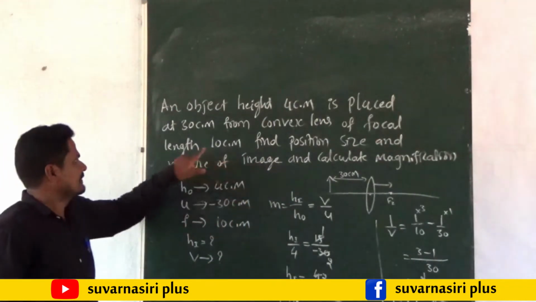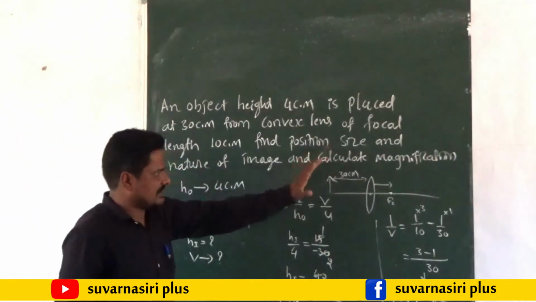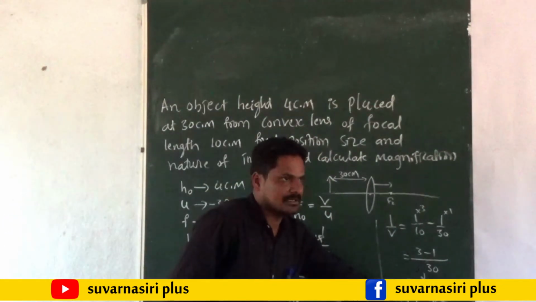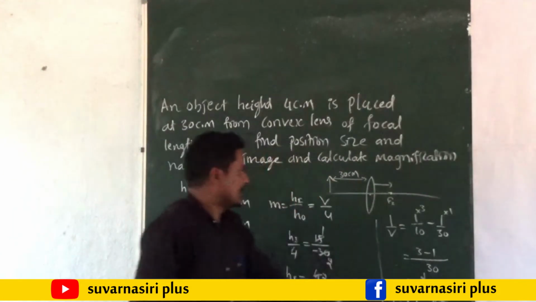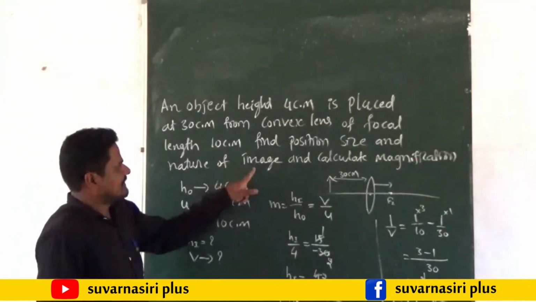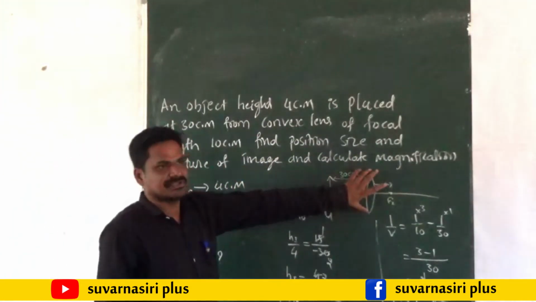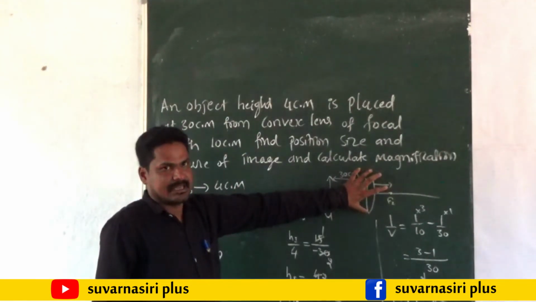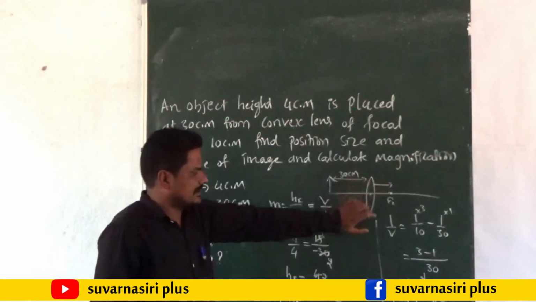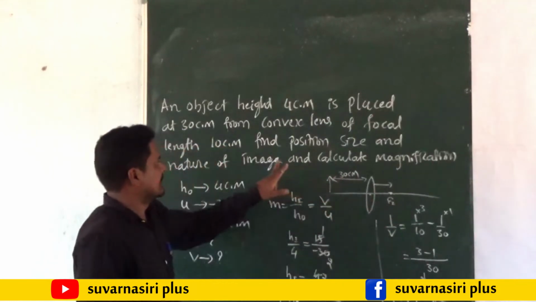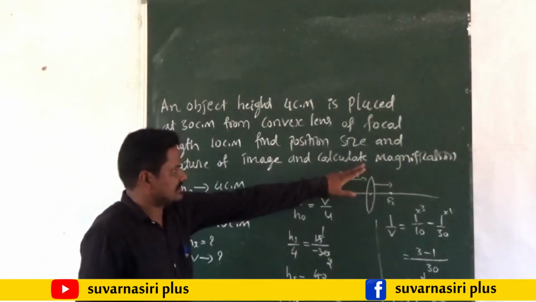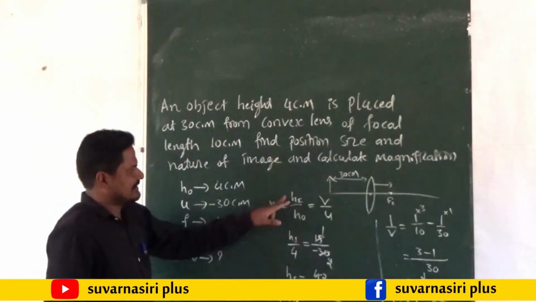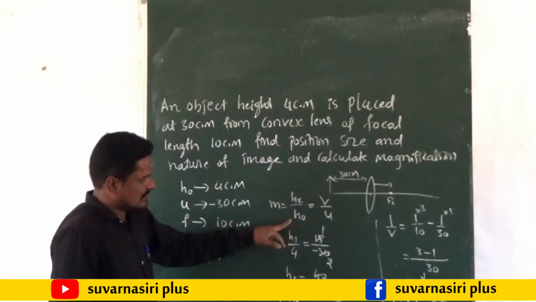So once again, the position is 15 centimeter from the lens. Next, the nature of the image: this is a convex lens, so its nature is real and inverted. Next, the magnification: the height of the image to the height of the object.